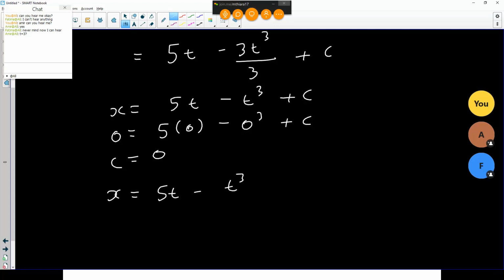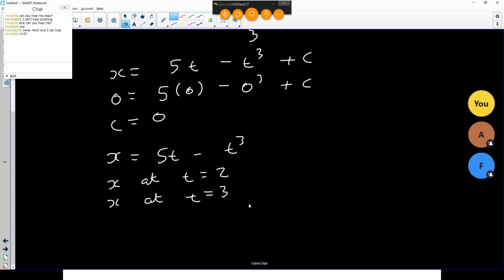In that 1 second, what was the distance travelled? For me to work that out, I would need x at time equals 2 and x at time equals 3, and the difference between them will be the distance travelled in the third second. So I'd like you to work that out and tell me what the answer is in a second, please.